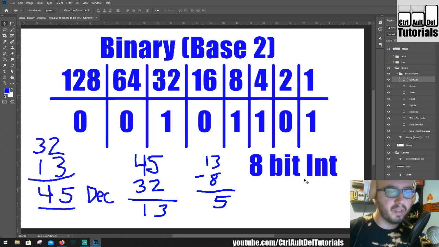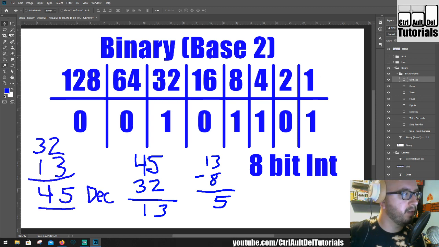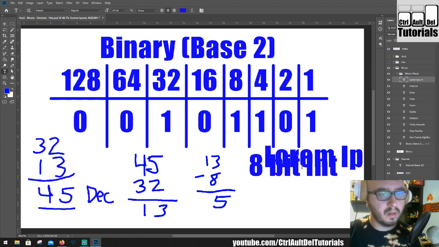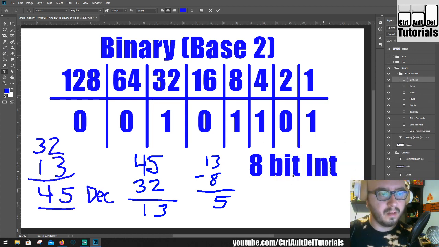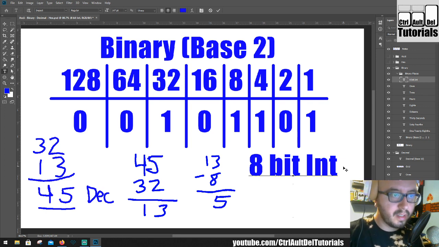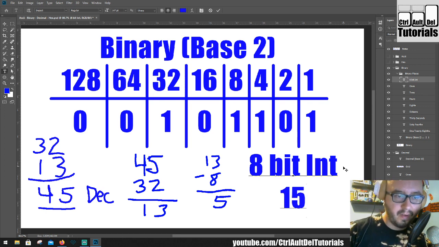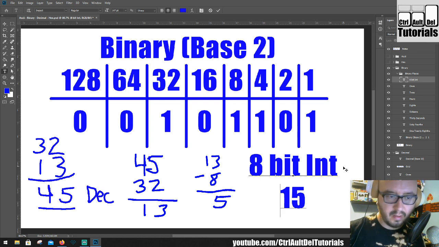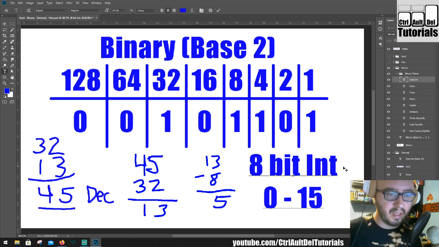How many numbers can you store in an 8-bit integer? Well, we can store from 8 plus 4 plus 2 plus 1, which is going to be 15, so we can store the numbers 0 to 15.